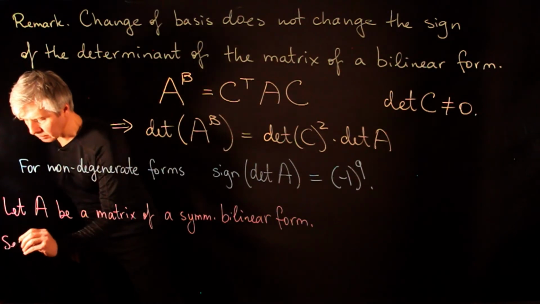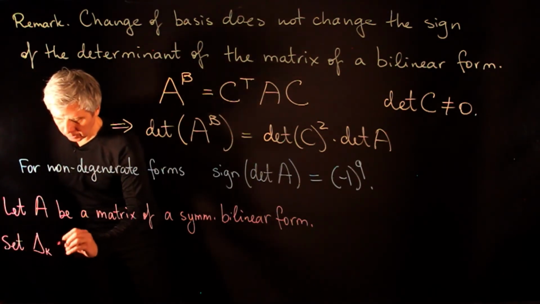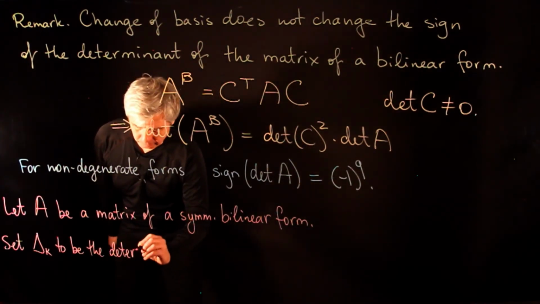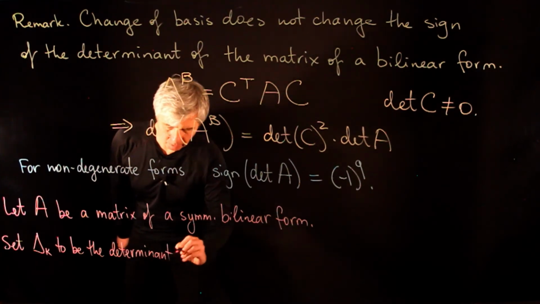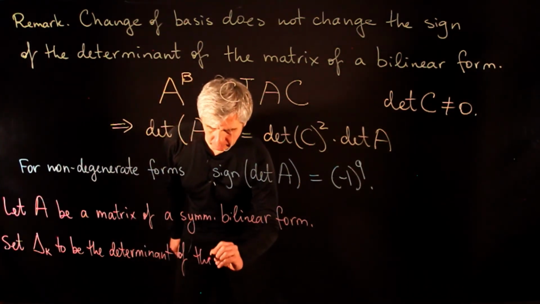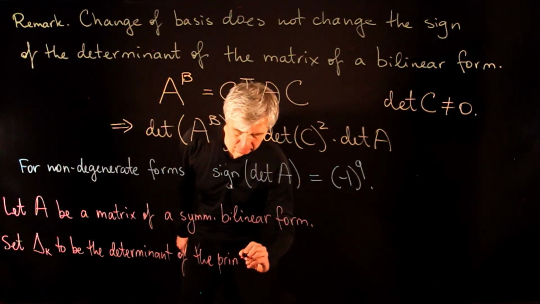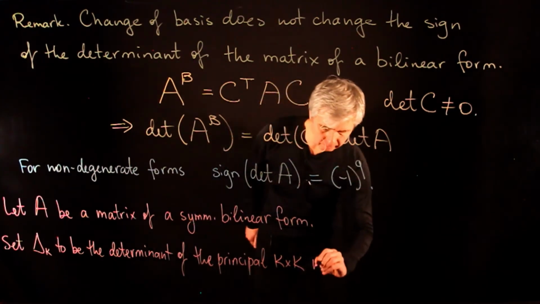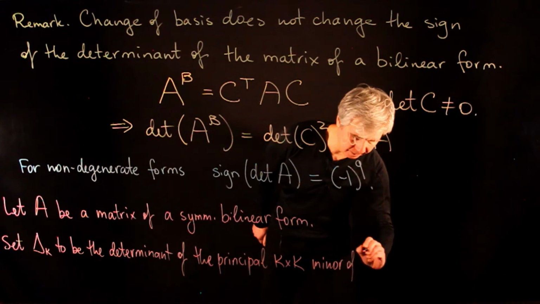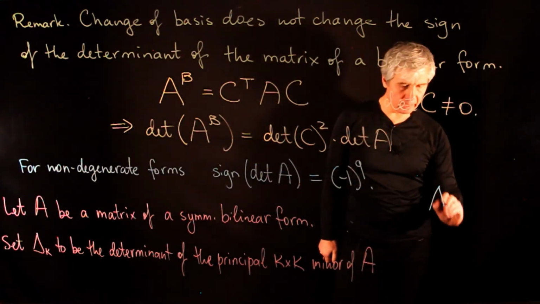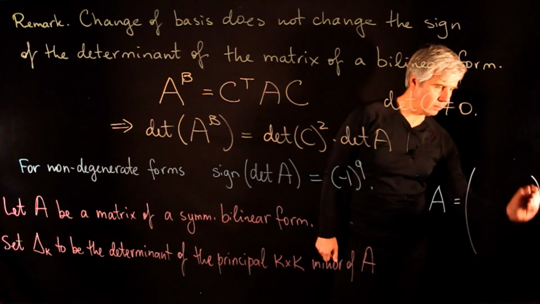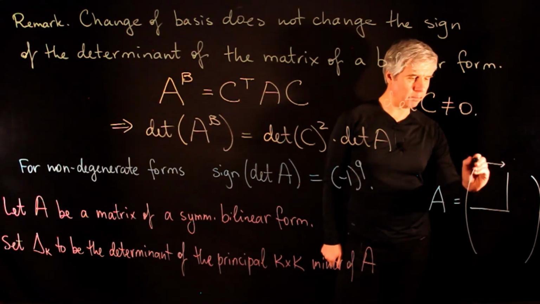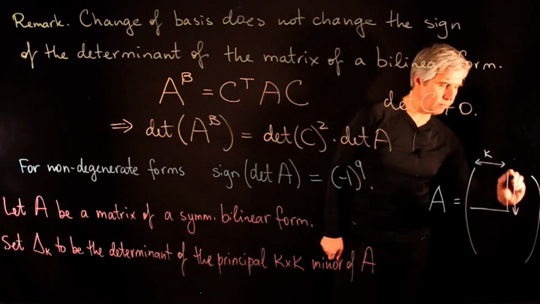We set delta K to be the determinant of the principal K by K minor of A. Here we take matrix A and take the top left corner of this matrix, formed by the first K columns and the first K rows.